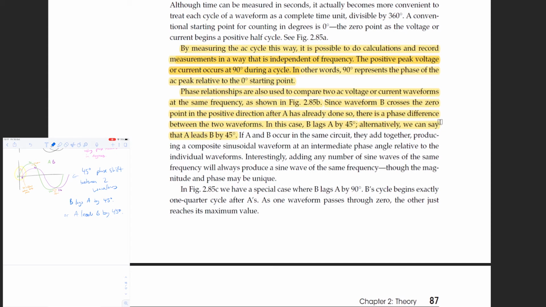At an intermediate... I don't even understand what words I'm using here. Let's try and use simple English.